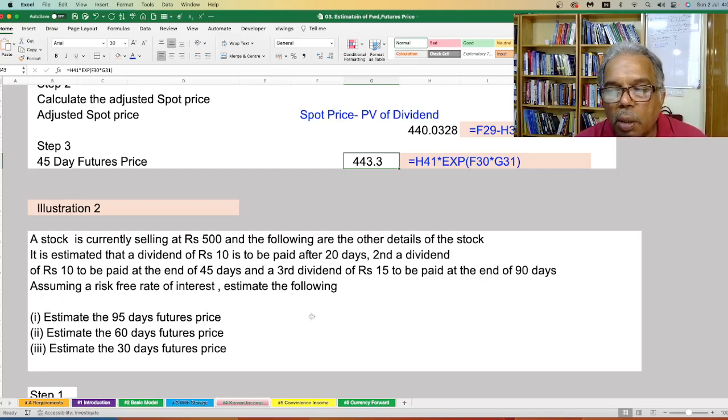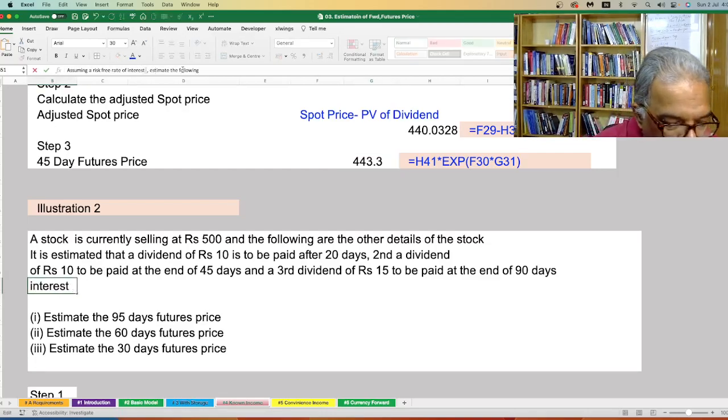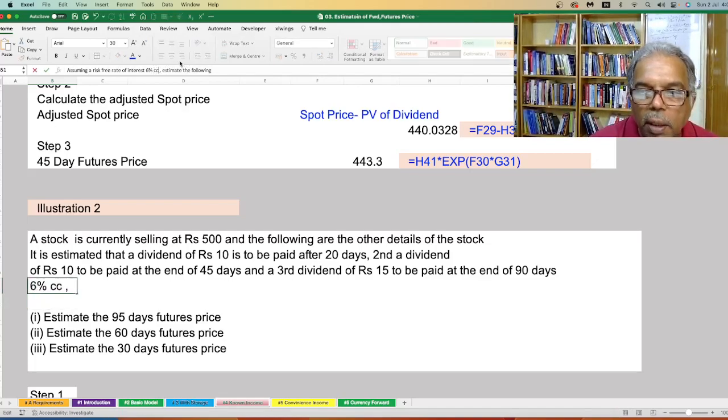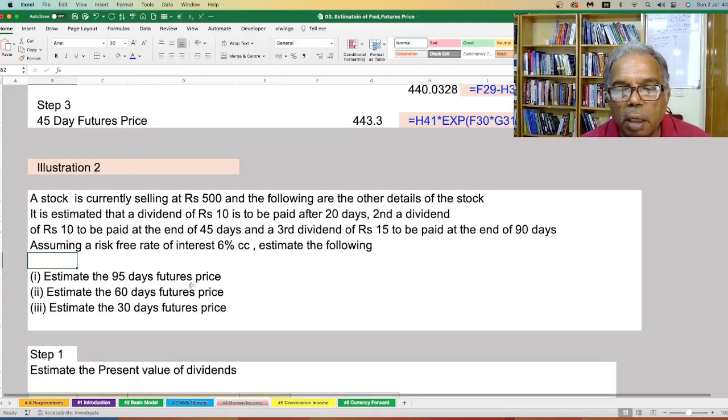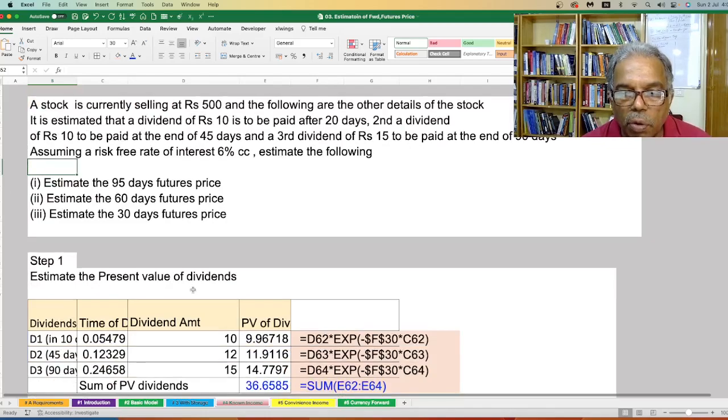And the third dividend of rupees 15 is to be paid at the end of 90 days. Assuming a risk-free rate of 6%, let me put, on a continuous compounding basis, estimate the following: the 95-day futures price, 60-day futures price, and the 30-day futures price.